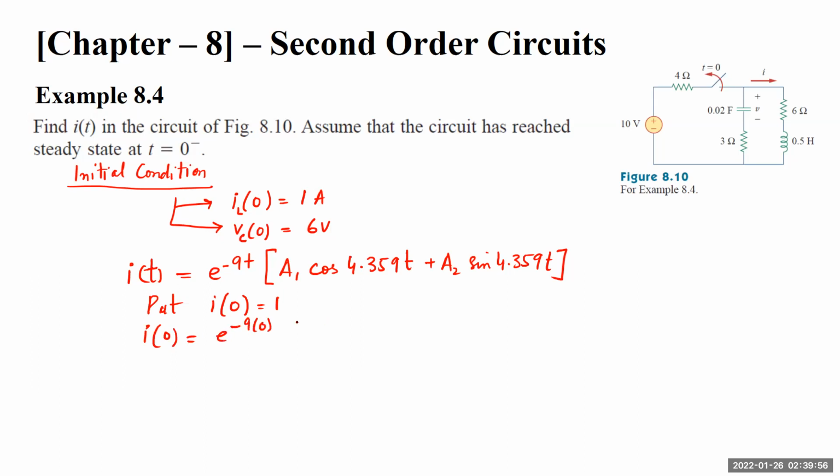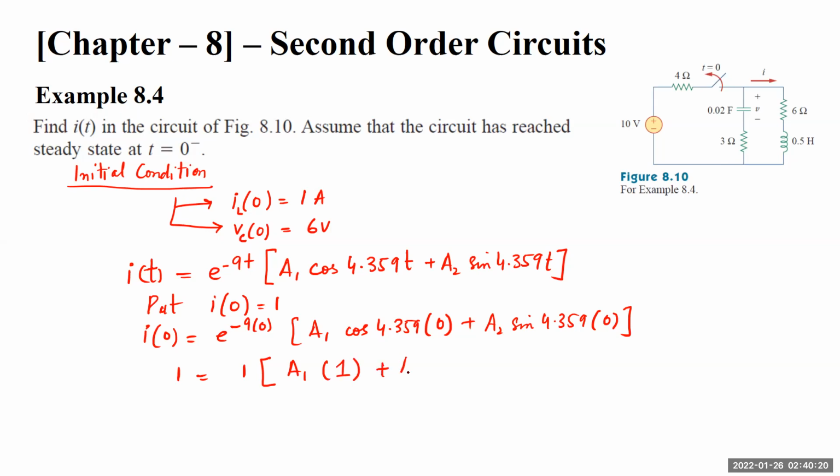So I of 0 is 1, e raised to power 0 will again be 1, A1 multiplied by cos of 0 which is 1, plus A2 sine 0 which is 0. So we get from here that A1 equals 1. So we get the value of A1.